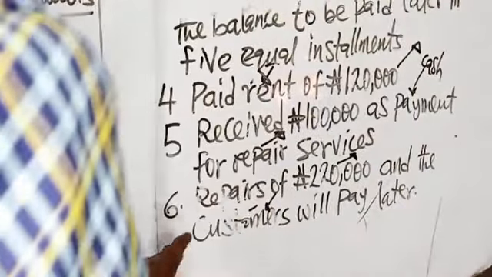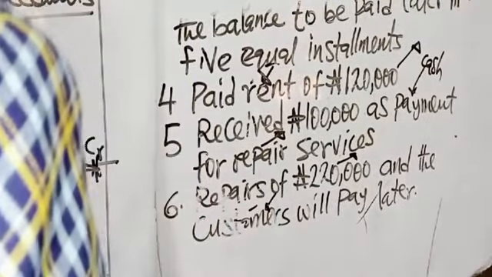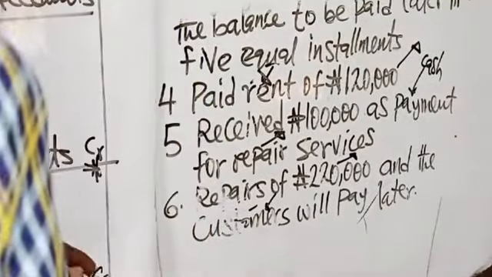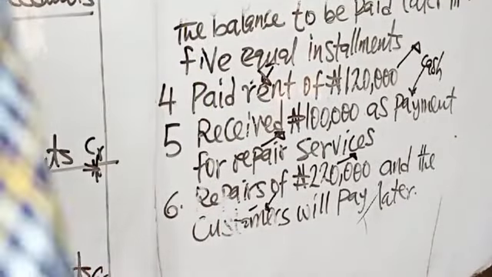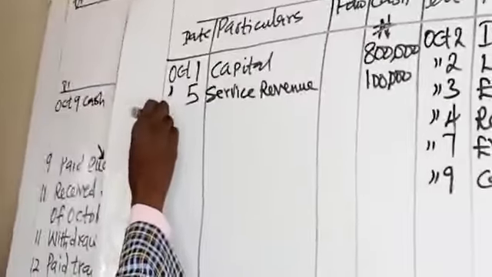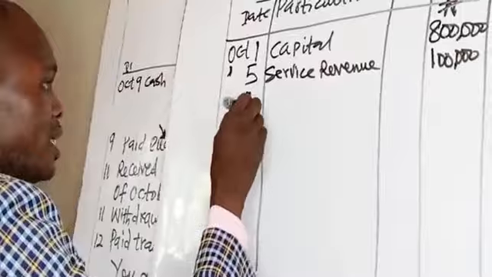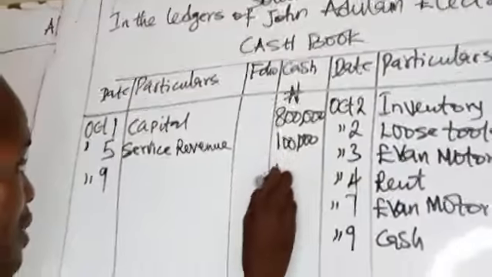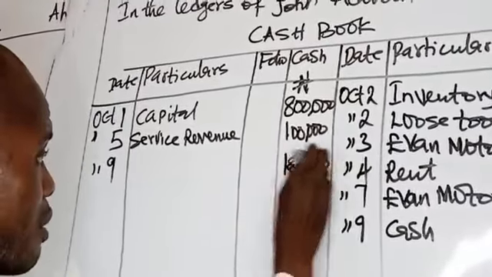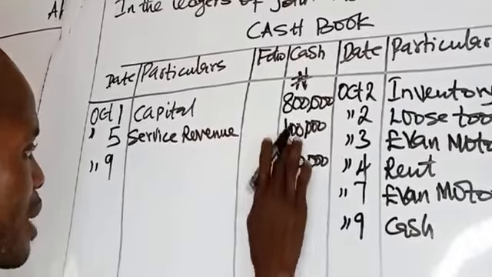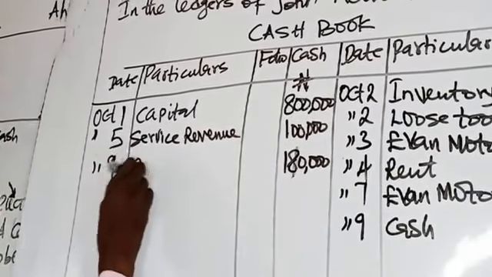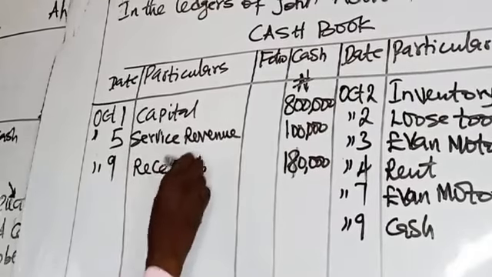Now that customer you are receiving the sum of 180,000 naira from him on the 10th of October. So now cash is what you receive. You receive cash of 180,000 naira from the customer in respect of October 6th transaction, and that customer is receivables account.